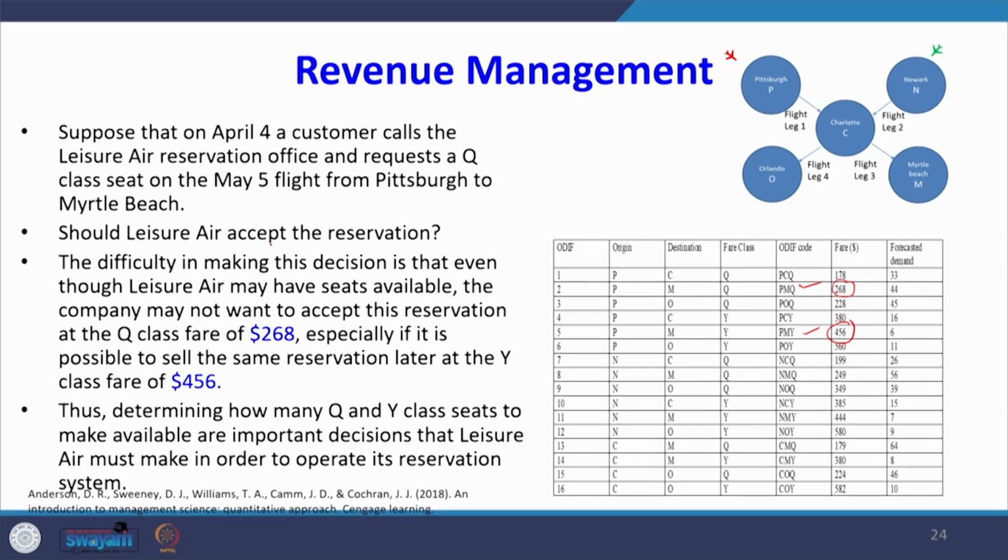Should Leisure Air accept the reservation? The difficulty in making this decision is that even though Leisure Air may have seats available, the company may not want to accept this reservation at the Q class fare of 268, especially if it is possible to sell the same seat later at the Y class fare of 456.